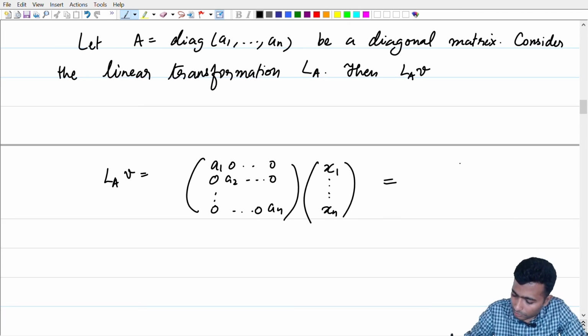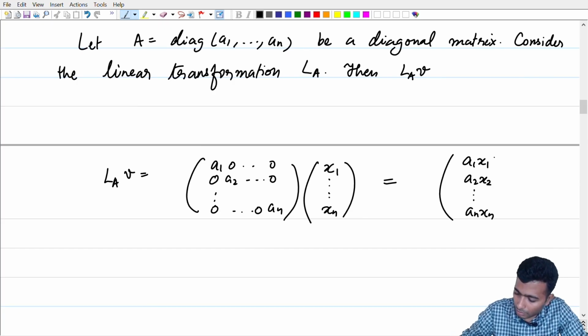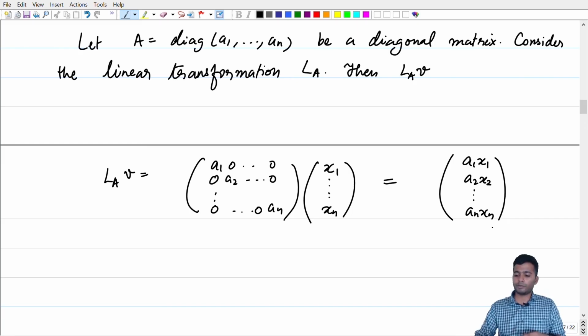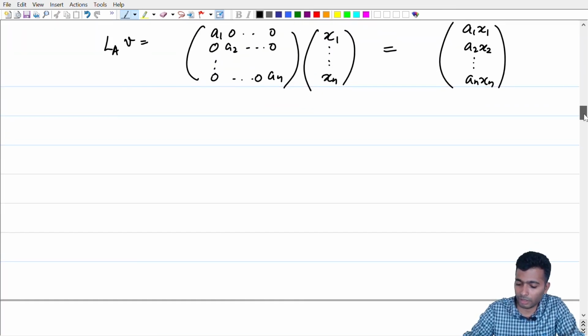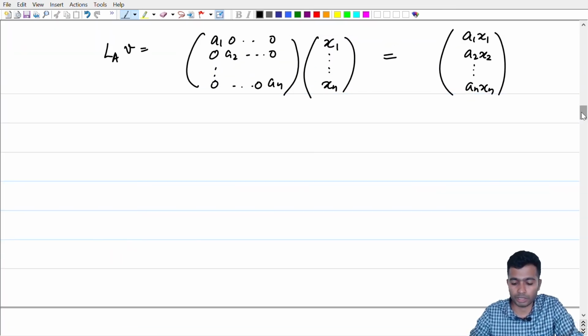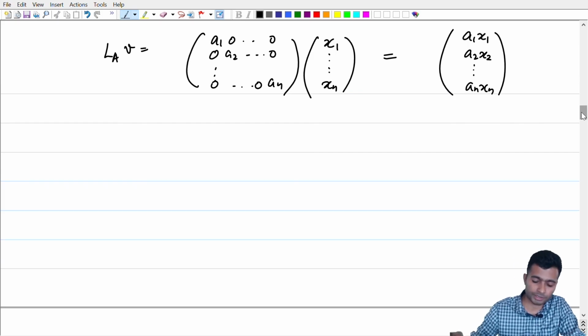And this, if you observe, is just a1 x1, a2 x2, up to an xn. So if you notice carefully, it dilates the first coordinate by a1, it dilates the second coordinate by a2, and so on, and dilates the nth coordinate by an.